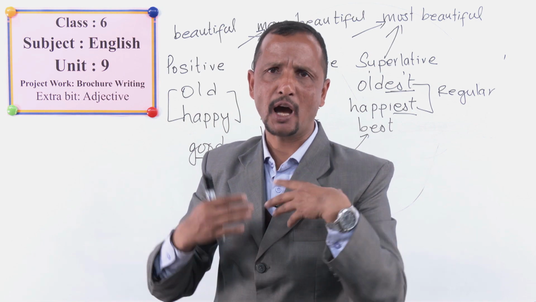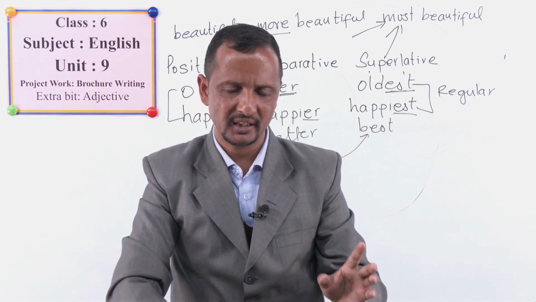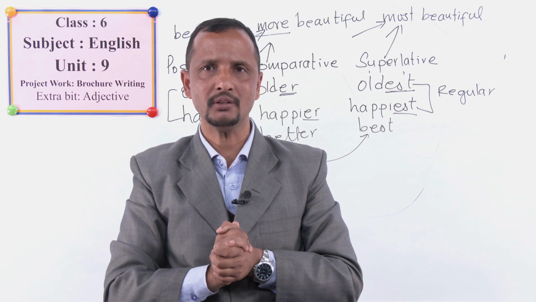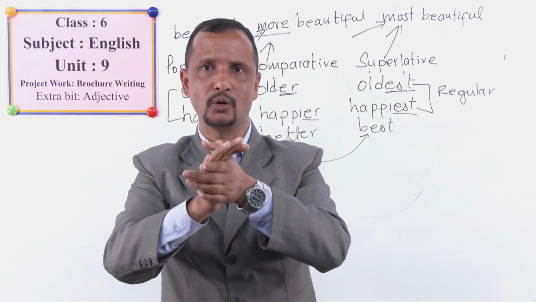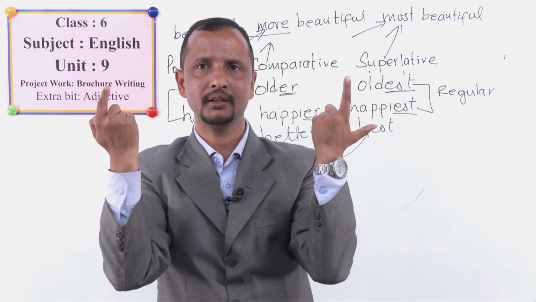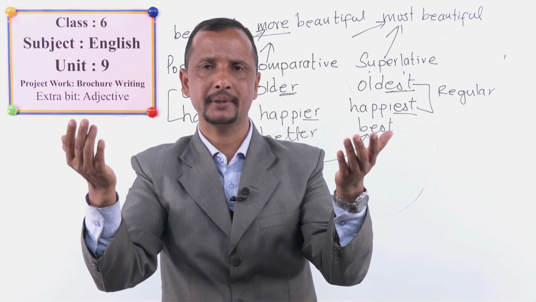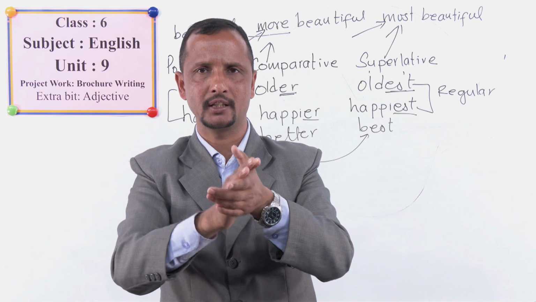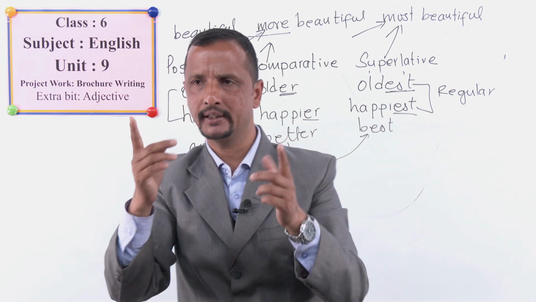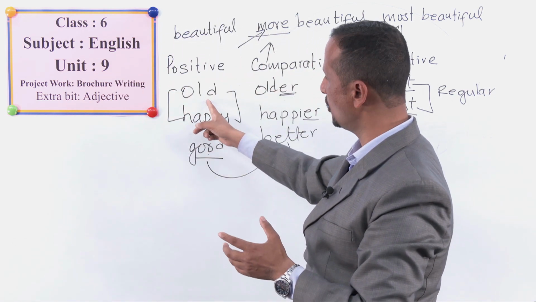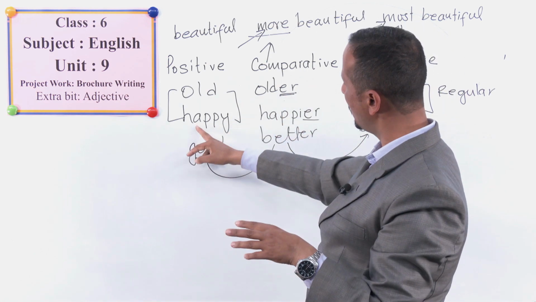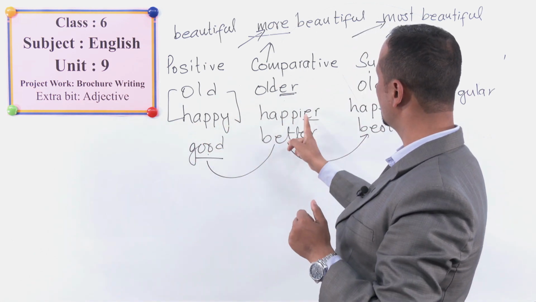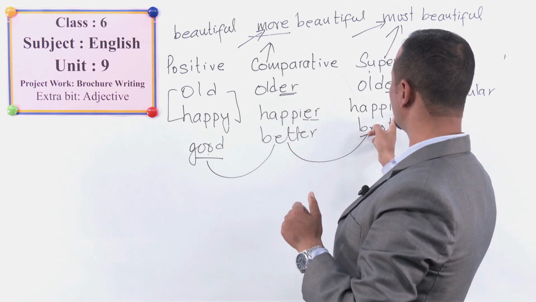So how to find out syllables? Just an easy way I will give you. Pronounce and clap. Old, one time, finished, single syllable. Happy, how many times? Two times, two syllables. Old, single, -er and -est we add. Happy, two syllables, we use -er and -est.